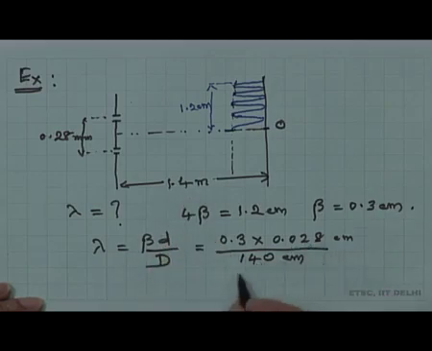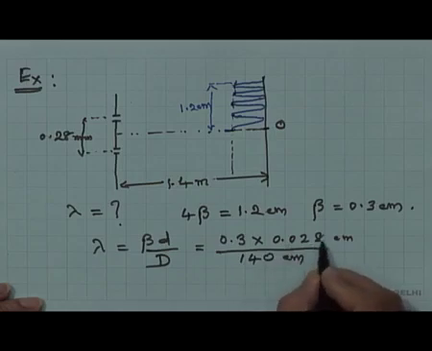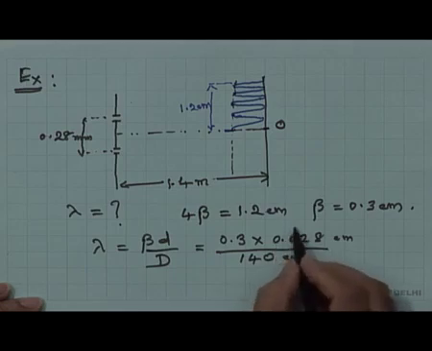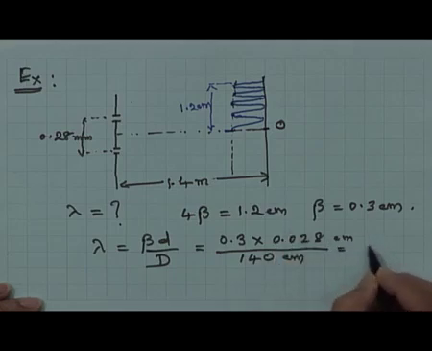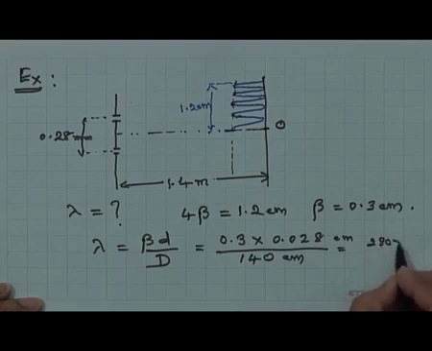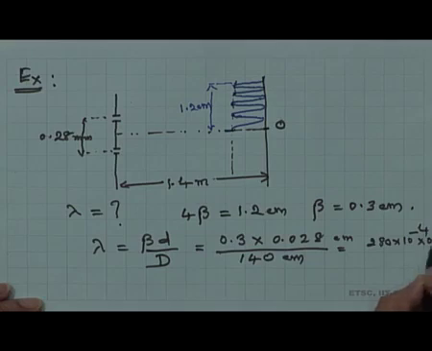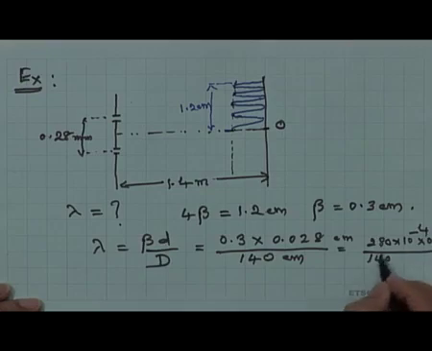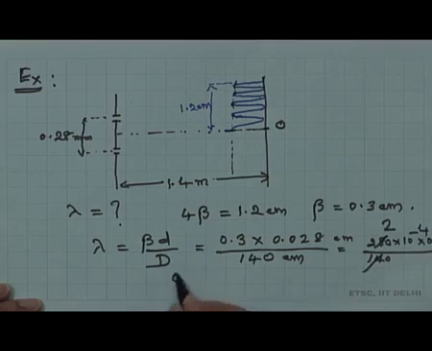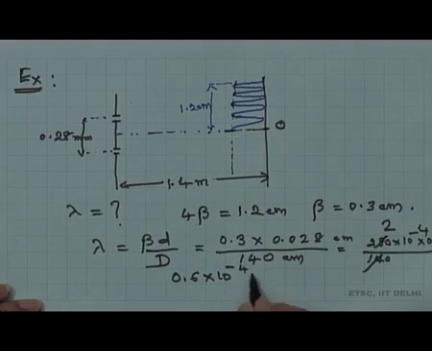So, I can write this straight away as 28 into 10 power minus 3, or 280 into 10 power minus 4, into 0.3 divided by 140. Everything in centimeters. So, 140 goes twice. So, we have 0.6 into 10 power minus 4 centimeters.